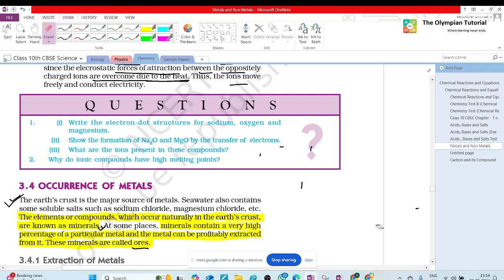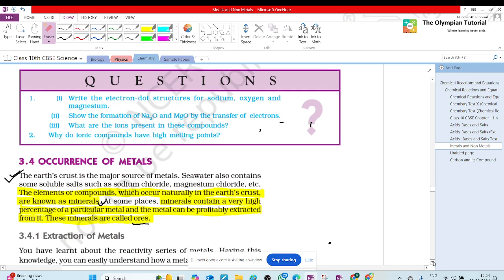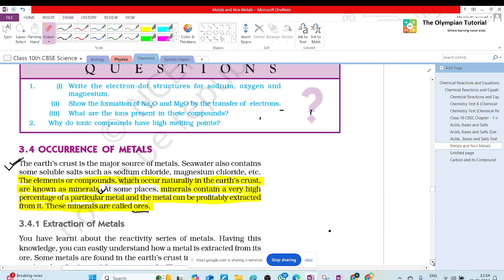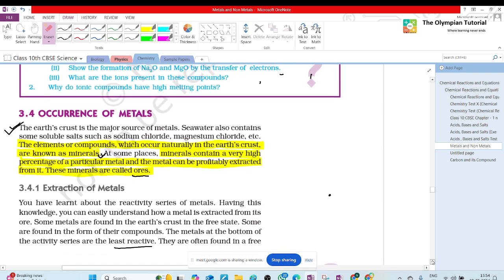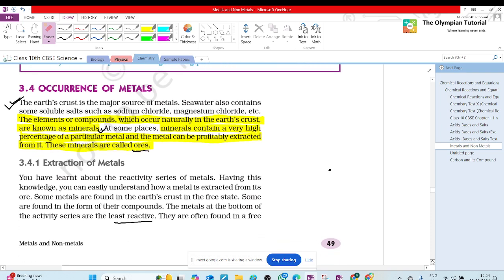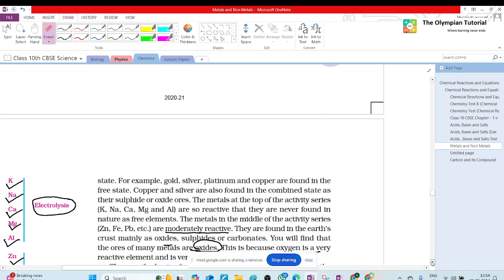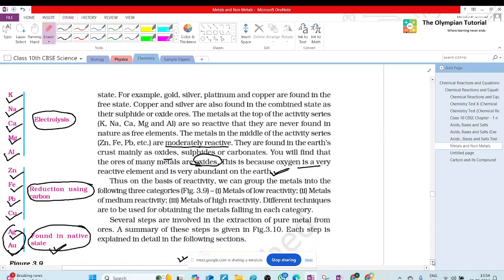Okay, occurrence of metals. Thanya, we get metals from the earth's crust. First I give you a recap, after that we will read it. Here is the reactivity series, which is formed according to the reactivity of metals.